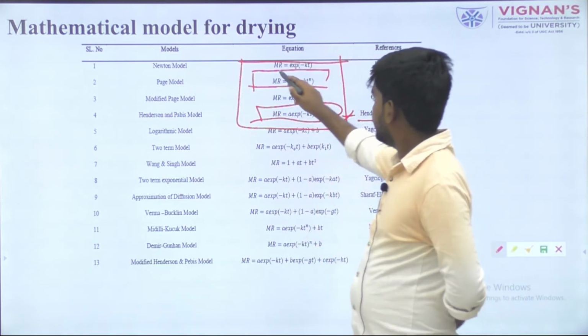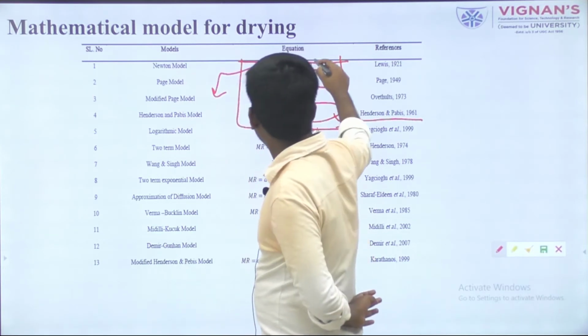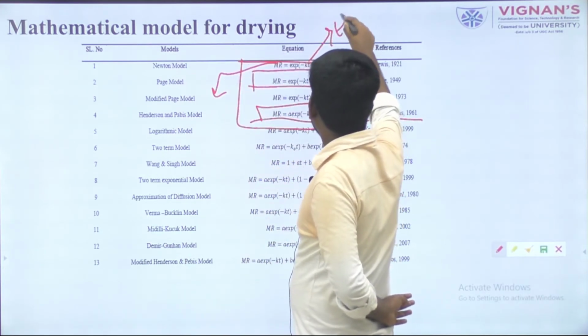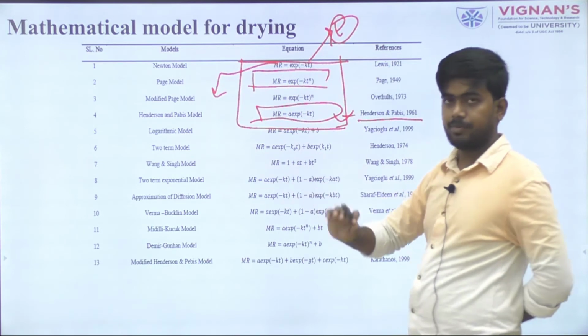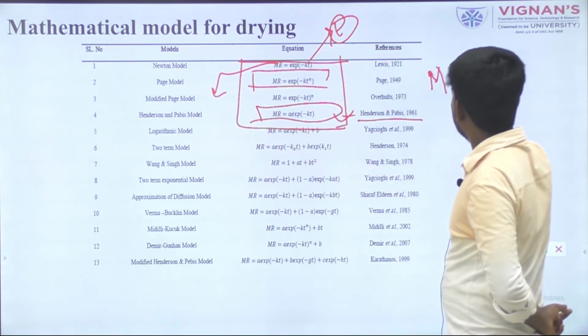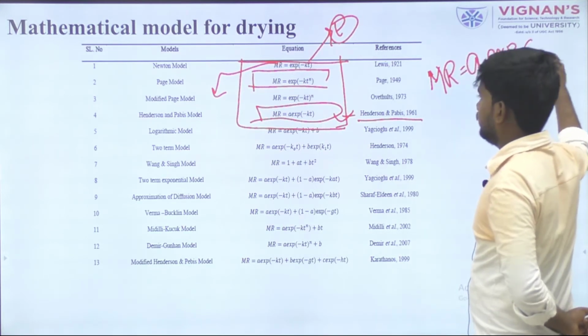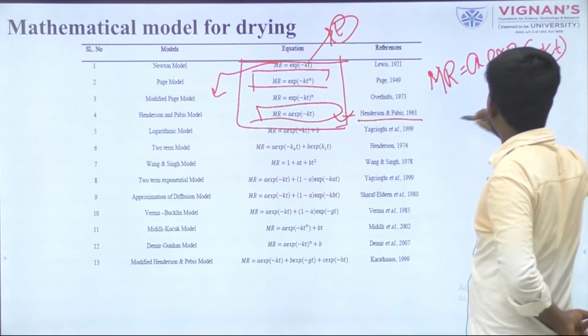They give the moisture ratio value, they give the time value, and you need to calculate. For example, if you go for this Henderson model, moisture ratio MR equals A exp minus KT.